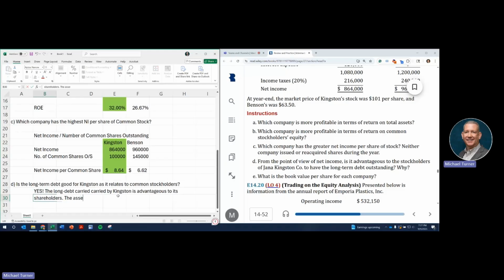The assets acquired from the debt, let's see, $1.2 million of debt, earn common shareholders a higher return on these investments.